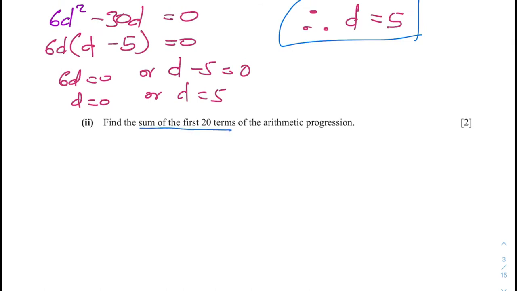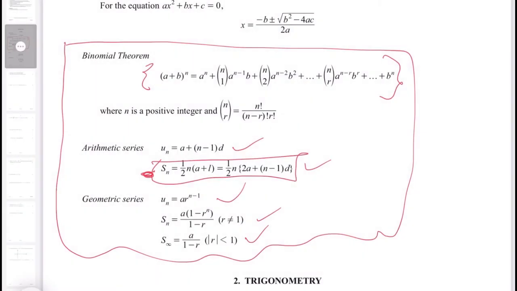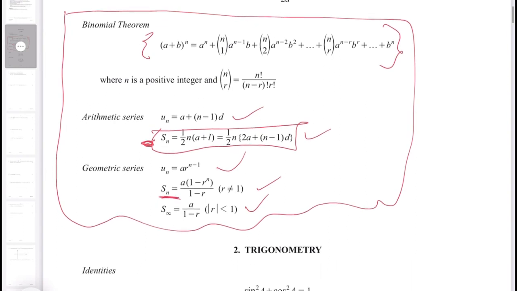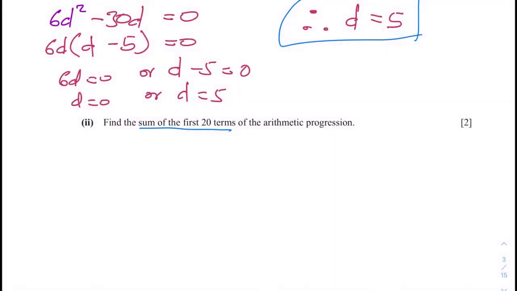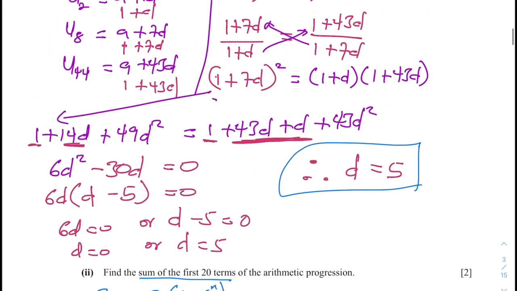Then they said find the sum of the first 20 terms. Well, just in case you've forgotten the formula, we can always go back. The sum of n terms is here. All right, so that's it. You just keep it in mind, or you can always go back to your formula sheet, and then you should be fine. Sn is equal to a into bracket 1 minus r to the power n over 1 minus r.